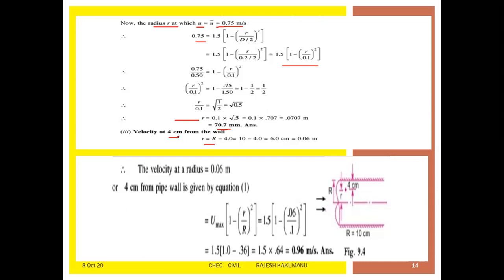Velocity at 4 centimeters from the wall means the distance from the center is R minus 4, where R is the radius at the wall. That's why R minus 4. What is R? The diameter is 20, so the radius is 10. So 10 minus 4, we are getting 6 centimeters. That is 0.06 meters. Understood?